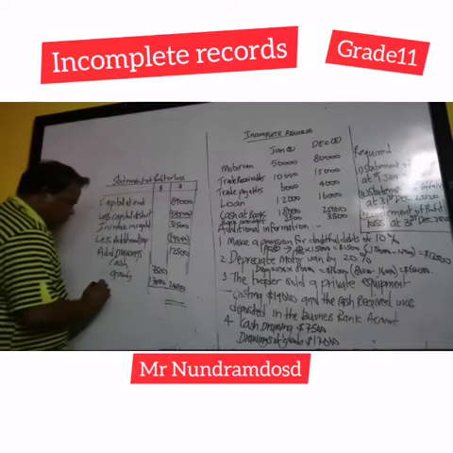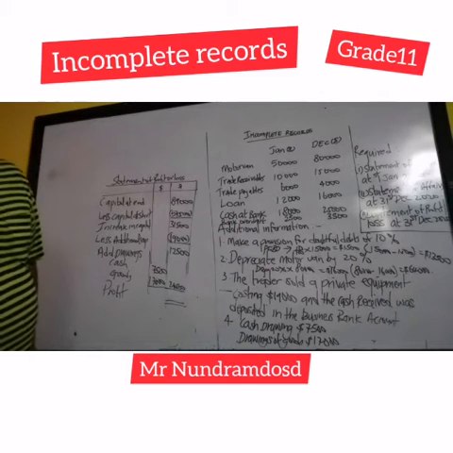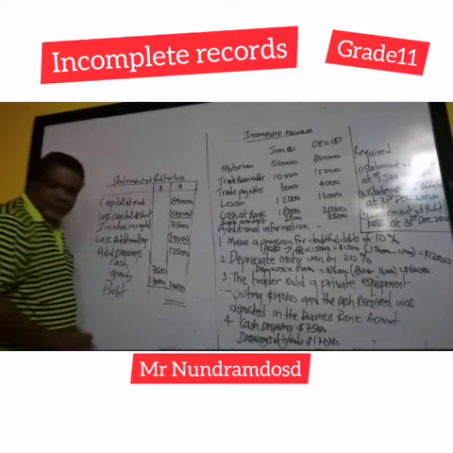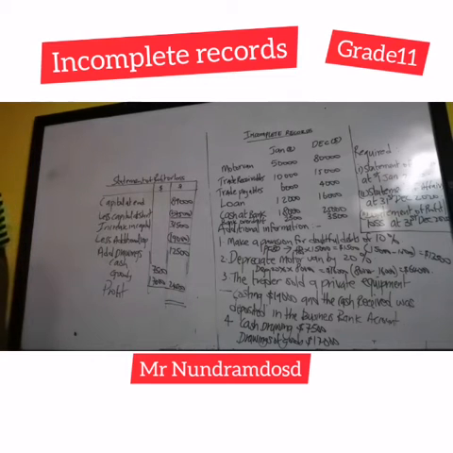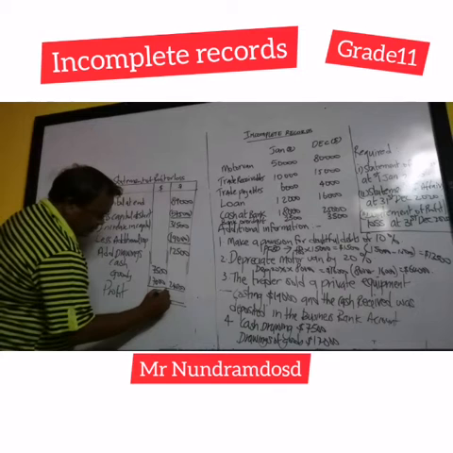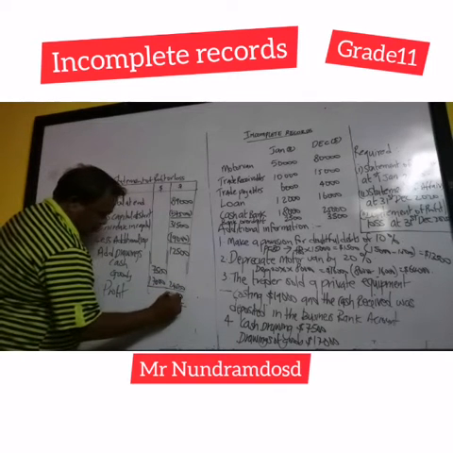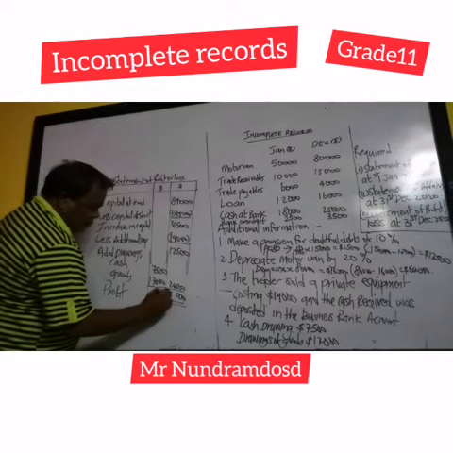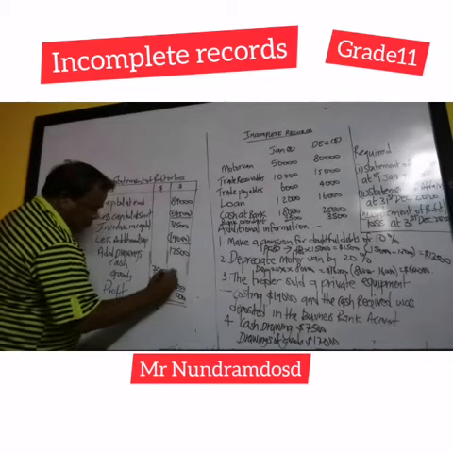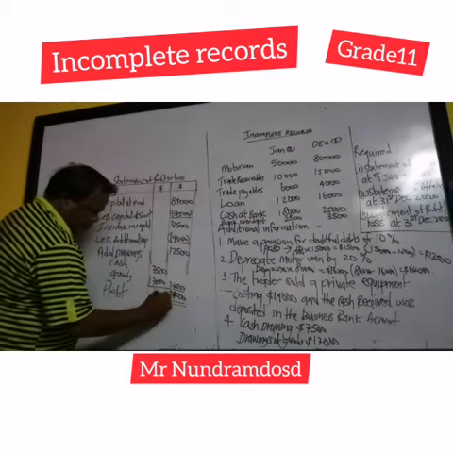And then we get profit for the year. We add 24,500 to 12,500, and this gives us 37,000.